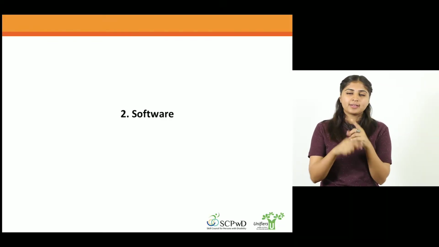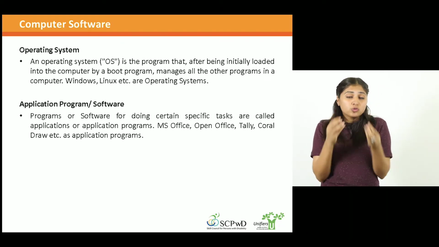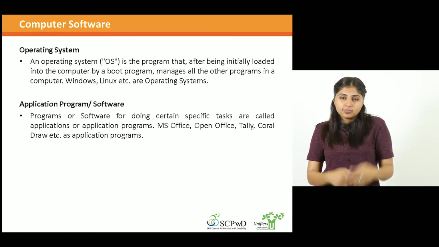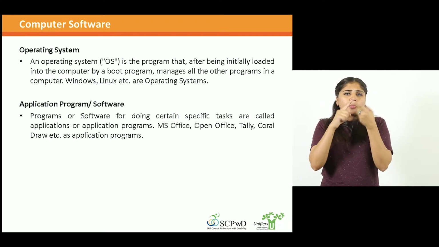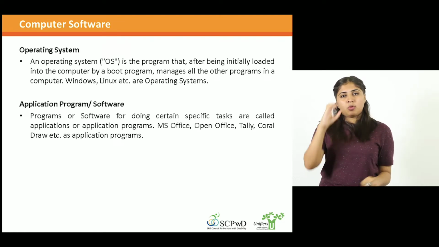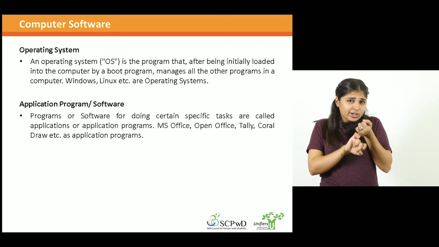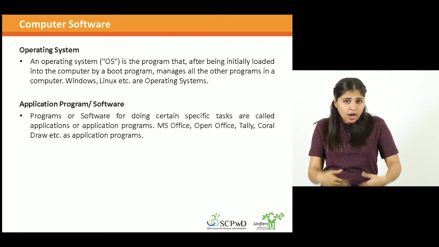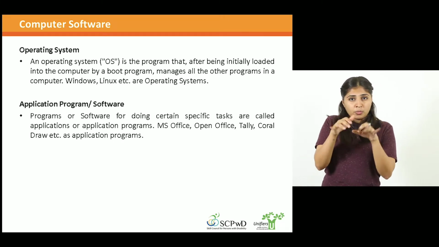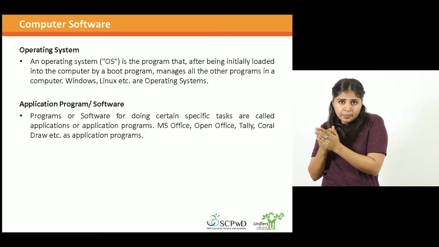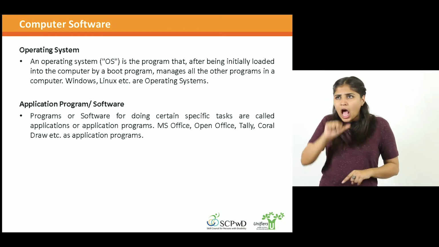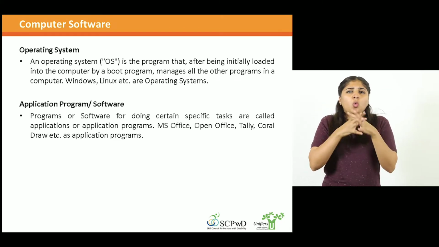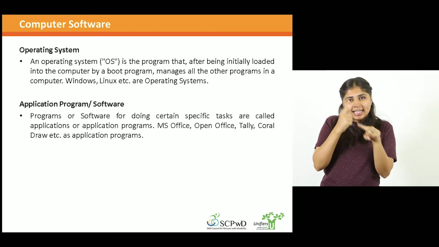Number 2, software. Operating system. An operating system is the program that, after being initially loaded into the computer by a boot program, manages all the other programs in a computer. Windows, Linux, etc. are operating systems.